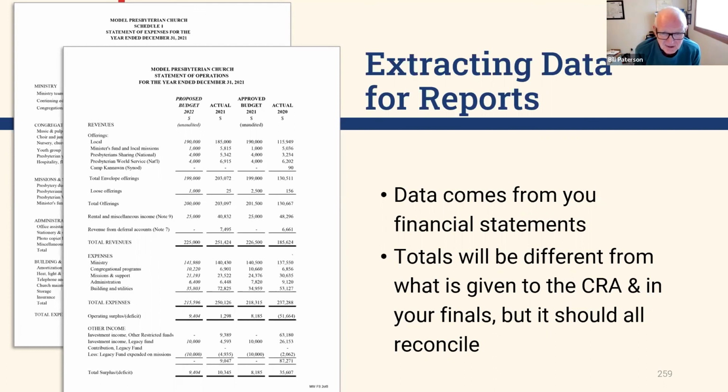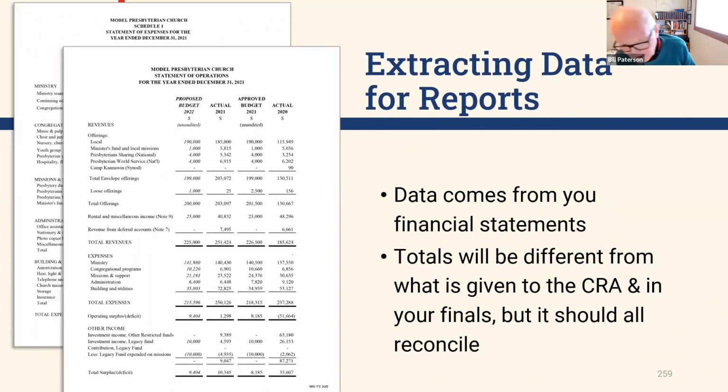You really should try and reconcile the total revenue and your total expenses on your financial statements to what you put into the statistical return. If you don't, you won't know if you've got it right or wrong. There may be some things that are different. And again, Morris talked about the debt principal.